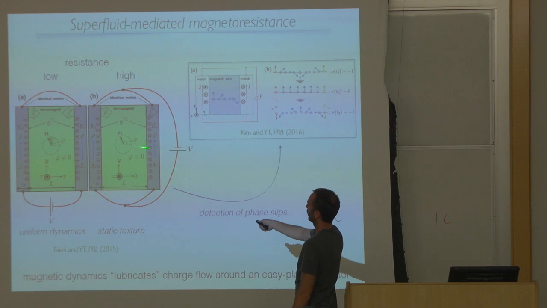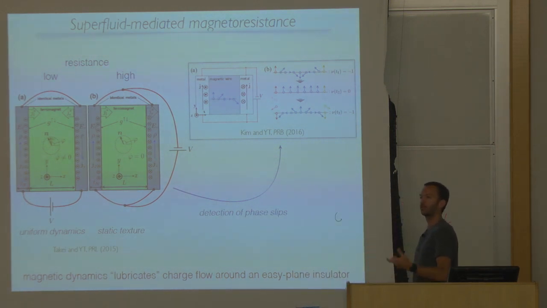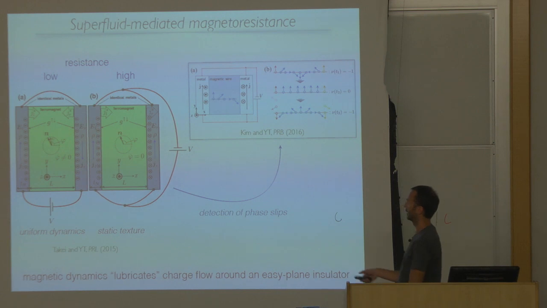And if you work everything together, that rewinding in the boundaries is directly measurable as a shift of your voltage, or the shift of your resistance for a given current. So we can measure those phase slips directly through the magnetoresistance.